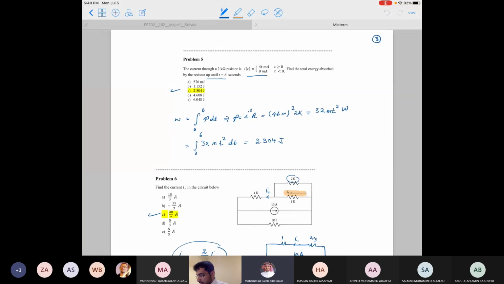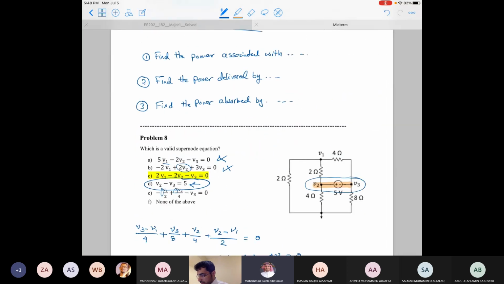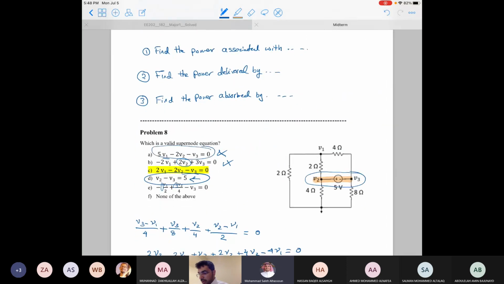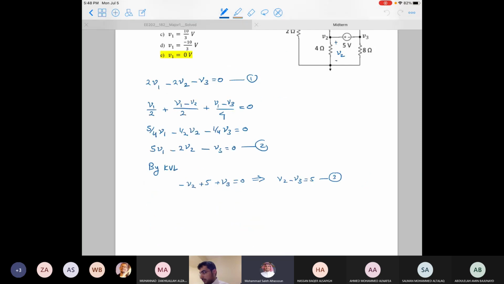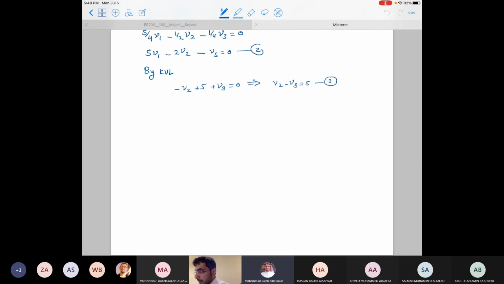And this one is actually the other equation. Okay, so V1 equals to 0, V2 equals to 1.67 volts, V3 equals to negative 3.3 volts.